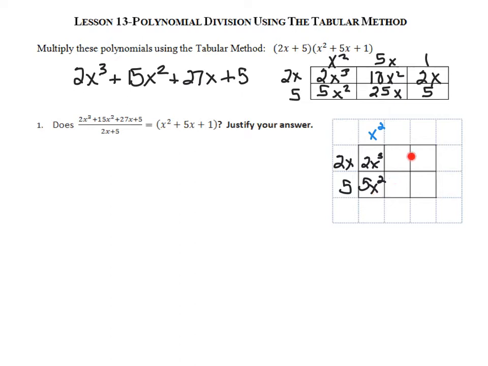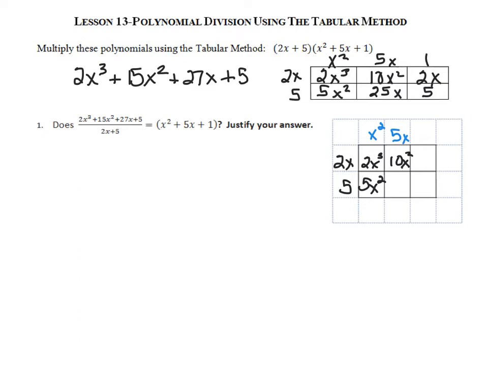So along this diagonal, I'm going to have that 15x squared. I've already got 5x squared, so the part that I'm missing must be a 10x squared, so that diagonal does add to 15x squared. That allows me to decide what goes up here in this box because I'll say, what does 2x have to multiply by to get 10x squared? That's just going to be our 5x.